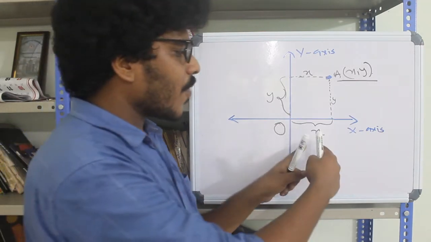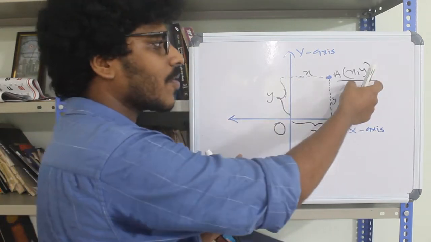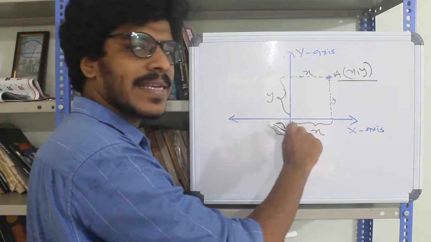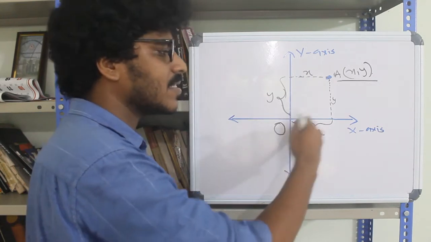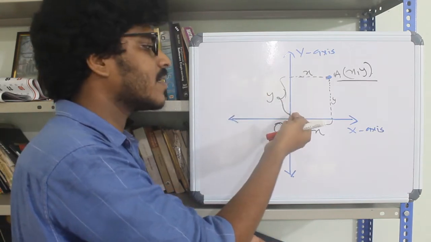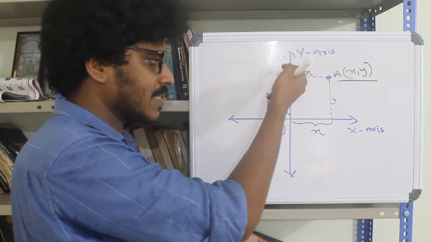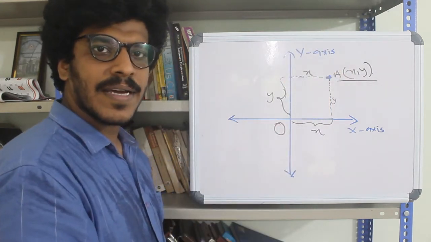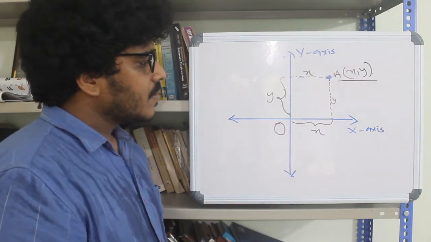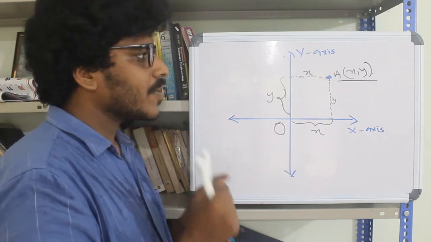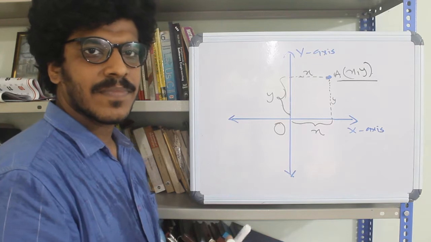Is there any other point on this plane with this coordinate x and y? No way, since if you travel x distance in the positive direction of the x-axis and y distance in the positive direction of the y-axis, we will reach this unique point. So that's how we determine a point on the plane uniquely.